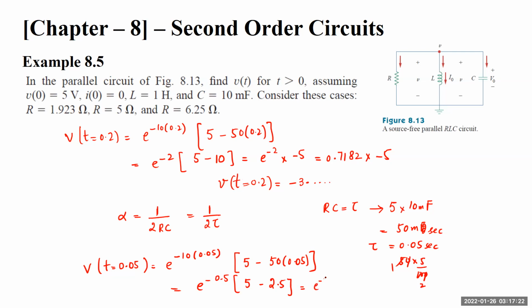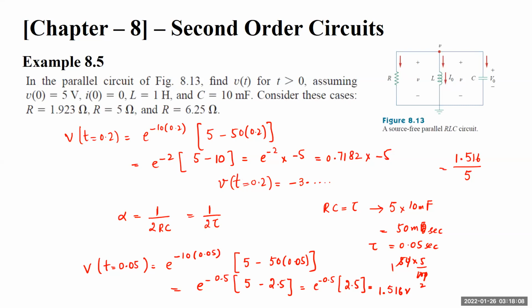So this is basically e raised to power minus 0.5 multiplied by 2.5. e to the power minus 0.5 is about 0.6, and multiplied by 2.5, this is around 1.513 volts, roughly 1.516, divided by the maximum value 5.